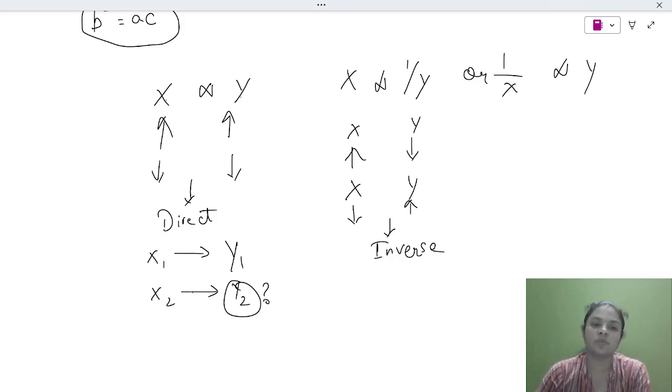We will do a simple cross multiplication. The answer will be the product of x2 into y1 divided by x1. So, for a direct variation, we do a cross multiplication.